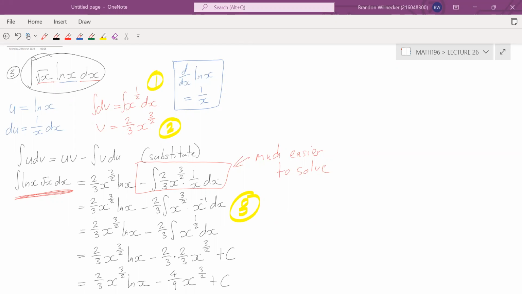And then on Friday, we have a very small section on finding the average value of a function. So then that will be it for this week, and that will finish everything for your test too. Everything up to Friday will be in your test.